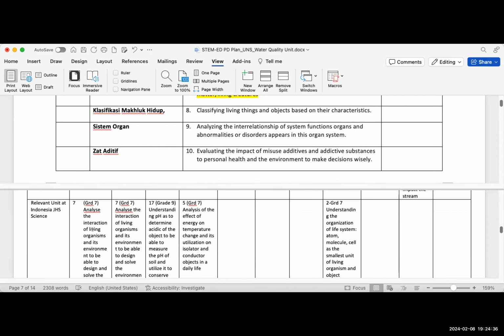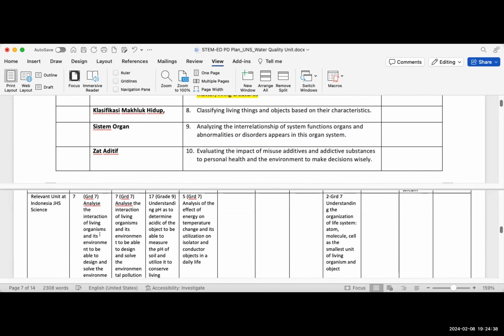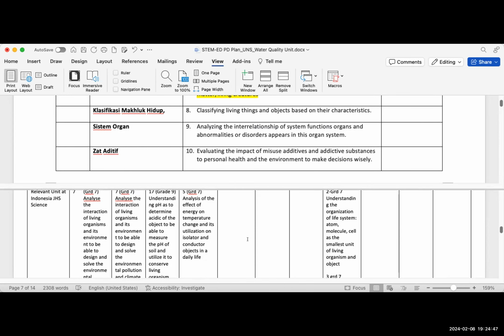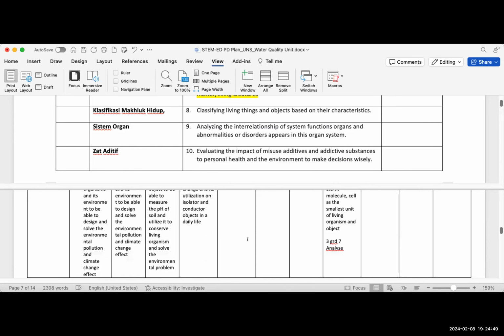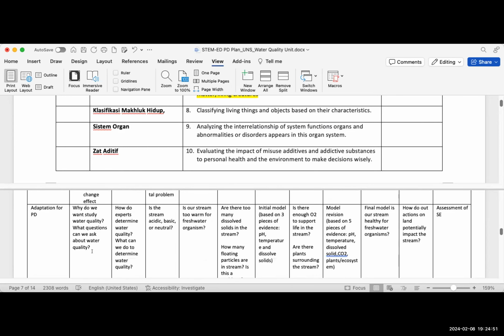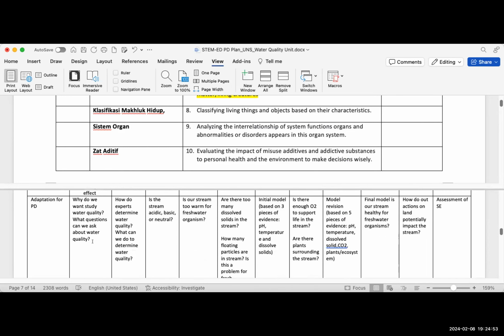For example, we try to deal with the actual learning topics at junior high schools in Indonesia, but we will follow this flow for our teachers' PD plan.